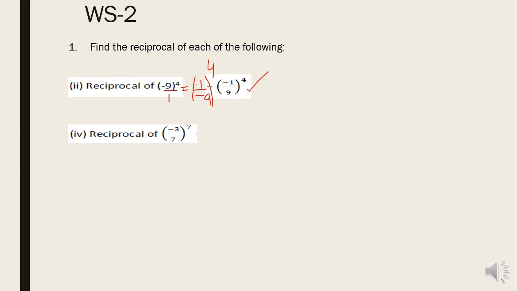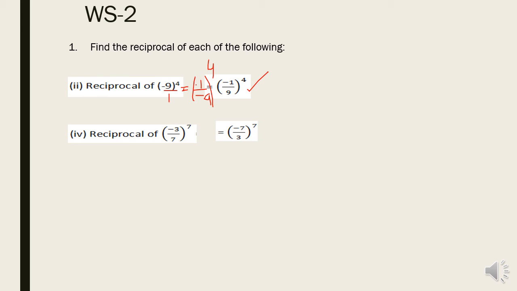In this case also, students, we will interchange the numerator to denominator and denominator to numerator, and the power will remain as it is. Also, we will shift the denominator negative sign to the numerator and we will get the reciprocal of (-3 by 7)^7 as (-7 by 3)^7.